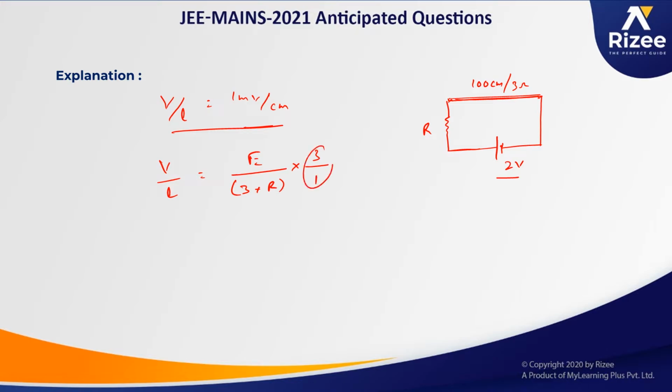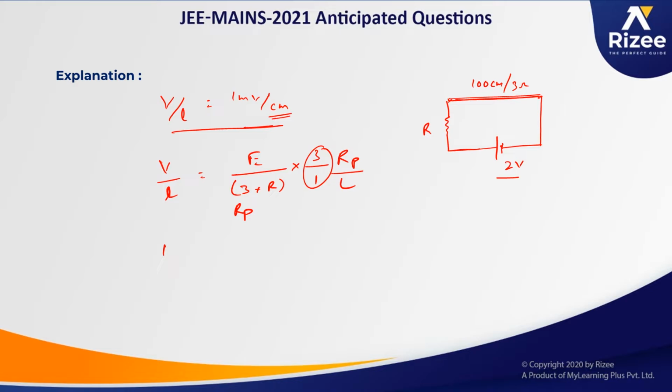Generally this can be written as the resistance of the potentiometer by total length, where small l is the balancing length. So this is 1 millivolt per centimeter. In the question he has asked in centimeters, so let's put it in centimeters.